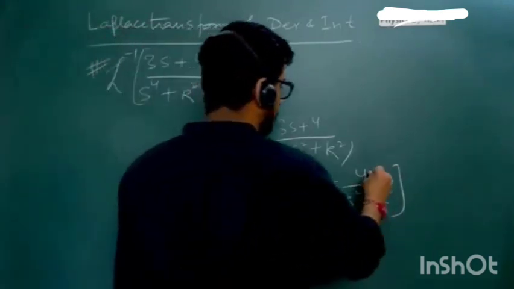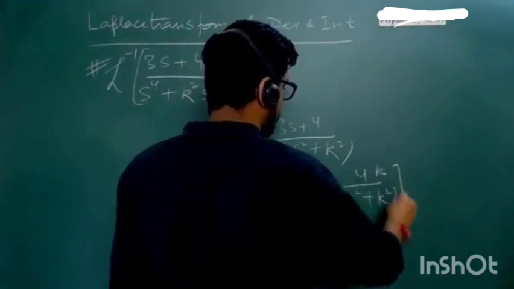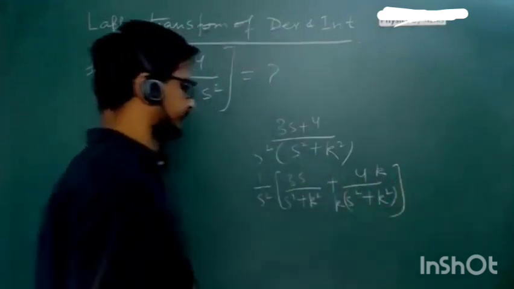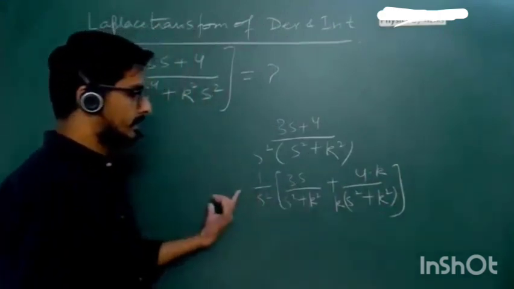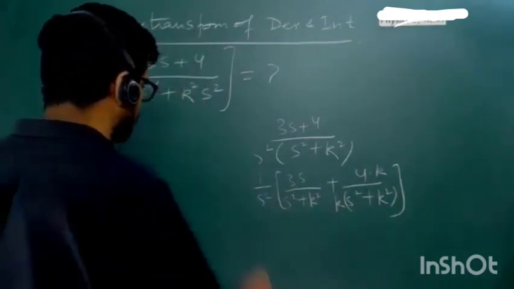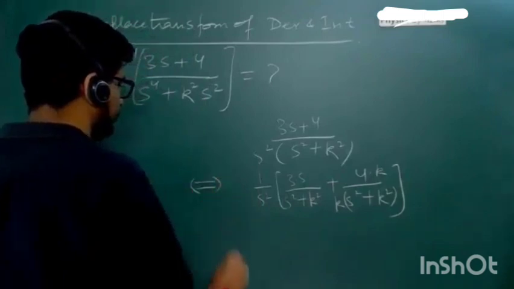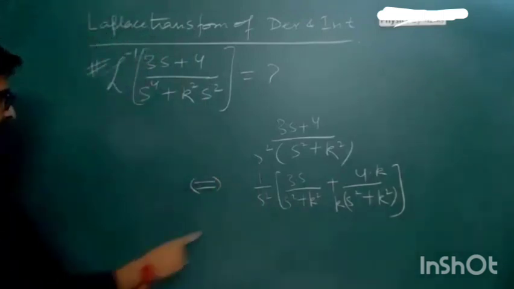And you will have to multiply it by k and divide it by k also. So first of all, see what about this. I have not yet operated on the 1 upon s square.